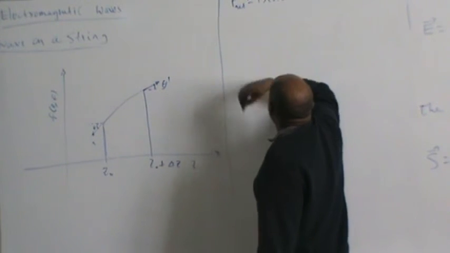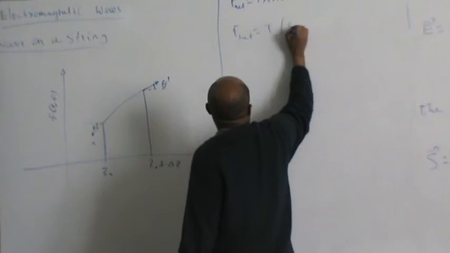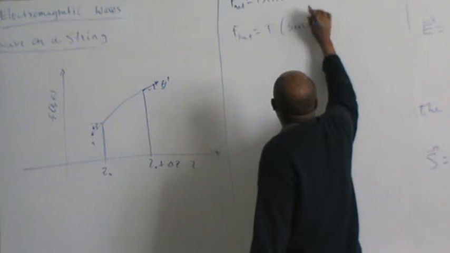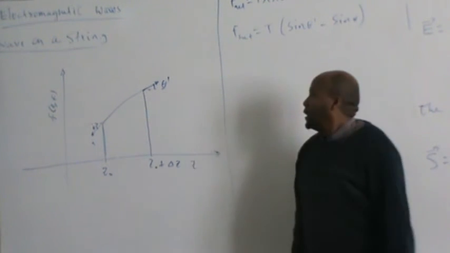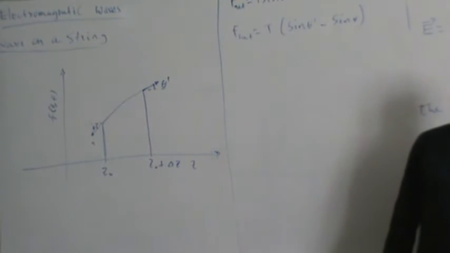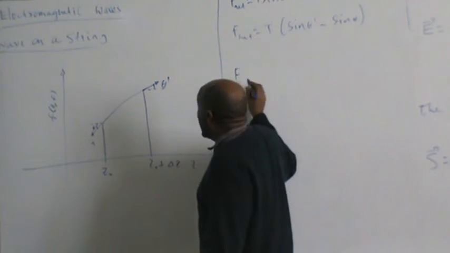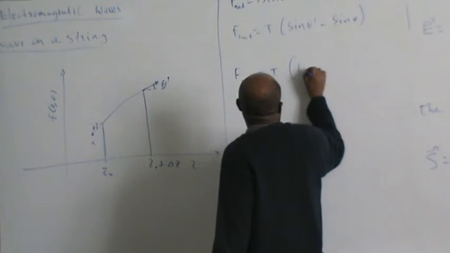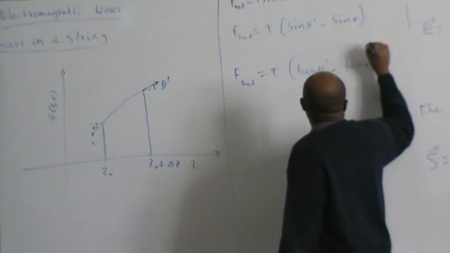So F net is T times sine of theta prime minus sine of theta. Usually these angular displacements are small. So for a small angle, I can express sine as tangent, right? You agree? It is going to be T times tan of theta prime minus tan of theta for small angular displacement.